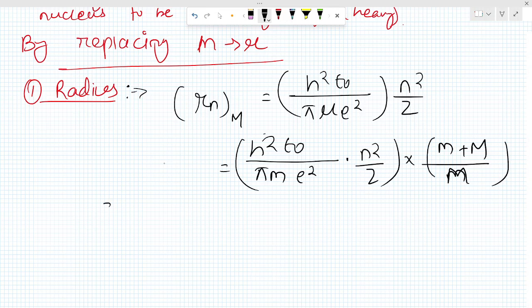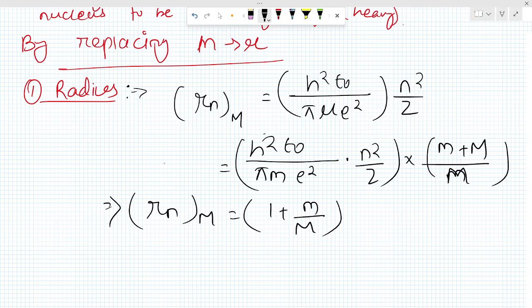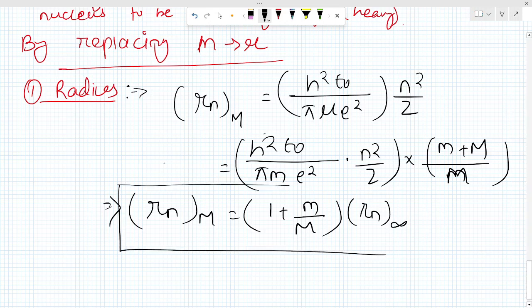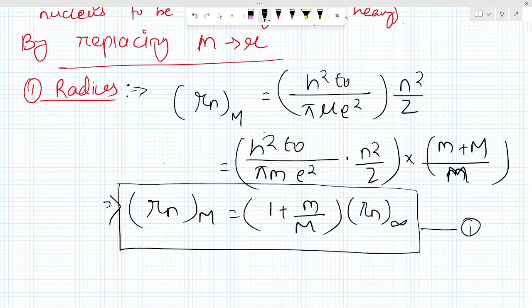So Rn capital M will become 1 plus small m upon capital M into your Rn infinite, isn't it? Yes. Let's make it a box. Let's give it equation number 1.